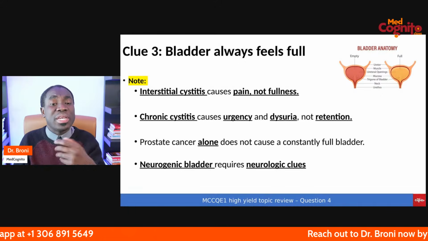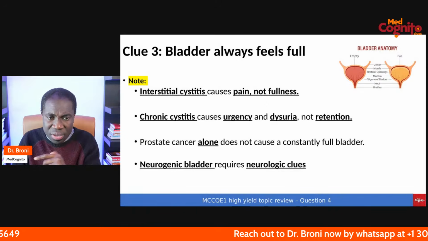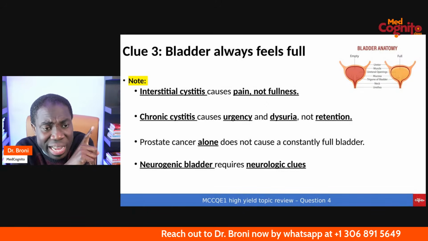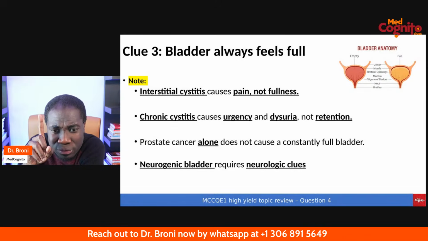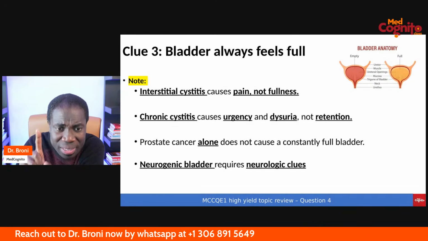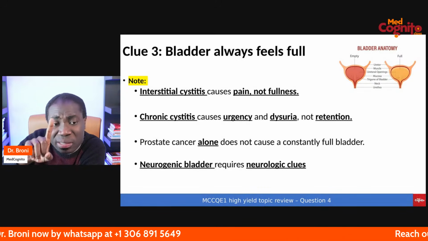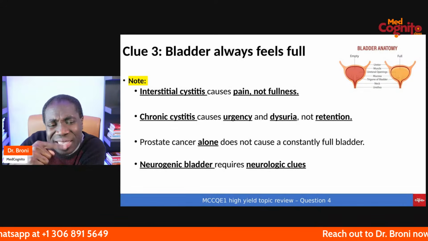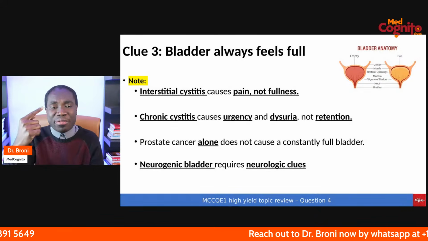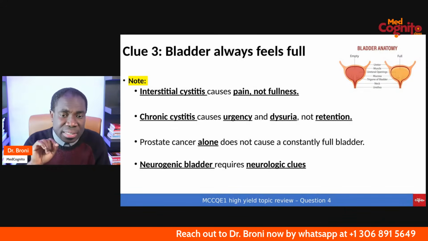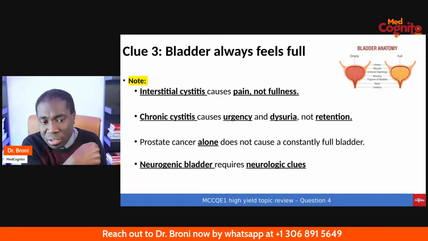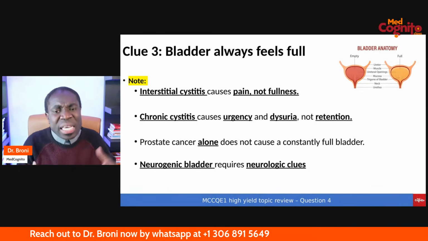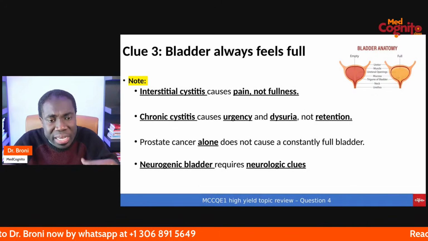Because there's still urine there. Now, in interstitial cystitis, the bladder will not be full. Rather, interstitial cystitis causes pain, and the patient feels relieved after he pees. But in this particular patient, when he's done peeing, he still feels that there is some urine left in there.